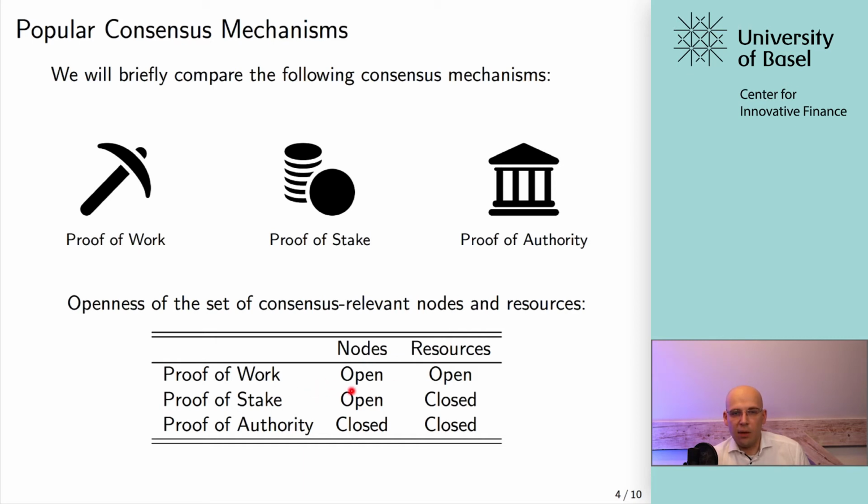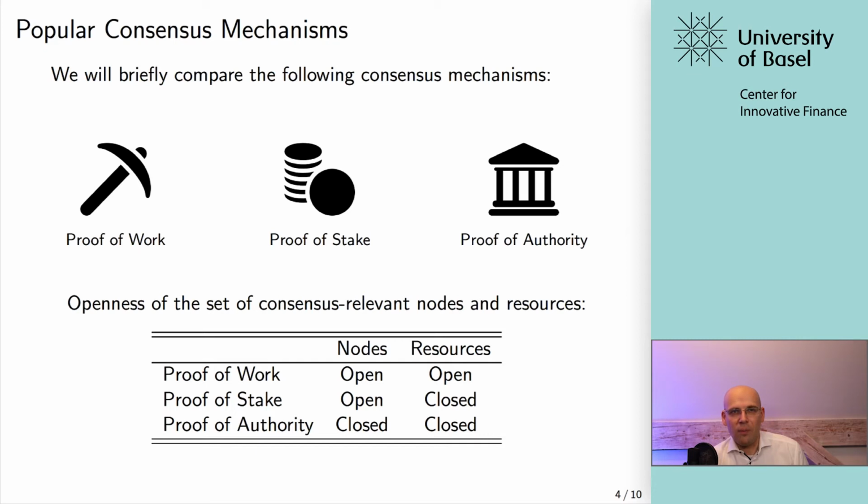With proof of stake, it's also heavily decentralized in the sense that anyone can contribute towards consensus finding by locking up their native protocol assets. This is of course open because anyone can do so, but the resources are a closed set. Why is that the case? Because here we're really talking about endogenous consensus relevant resources, the native protocol asset. There is just a certain number of native protocol assets at every single point in time.